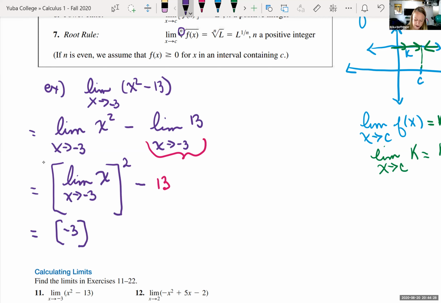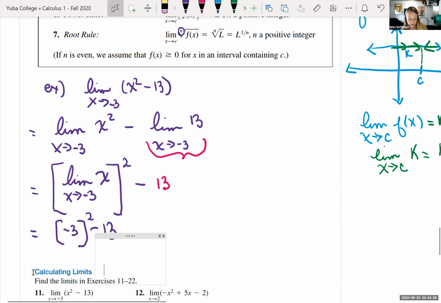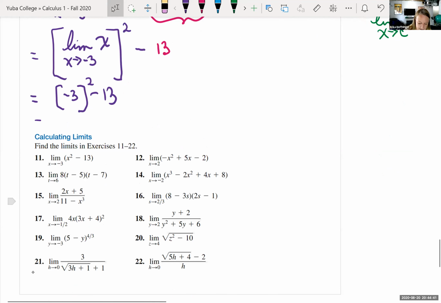We're going to square it from here, and let's bring down -13. So order of operations, -3 squared gives us +9, minus 13, which gives us back -4.